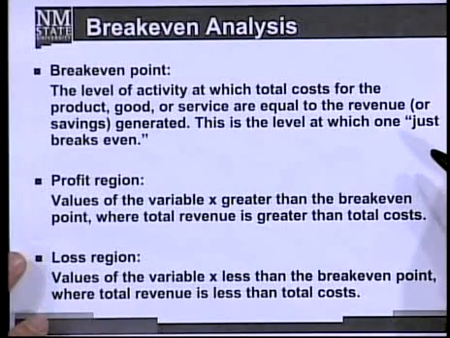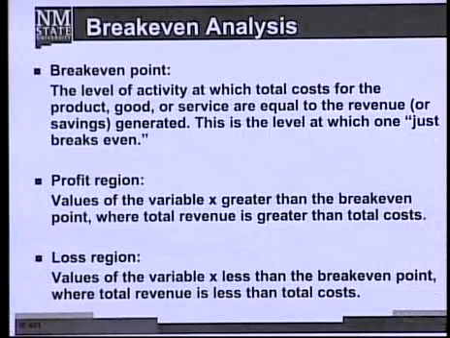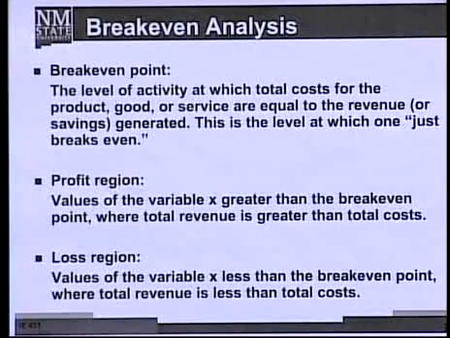And this is the level at which one just breaks even. Profit region is the values of the variable x greater than the break-even point, where total revenue is greater than total cost. And loss region is the values of the variable x less than the break-even point, where total revenue is less than the total cost.